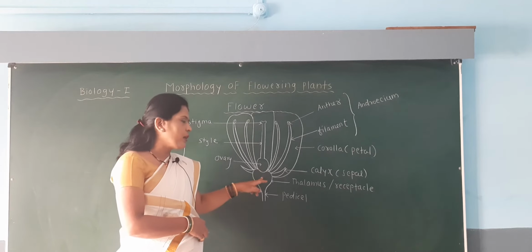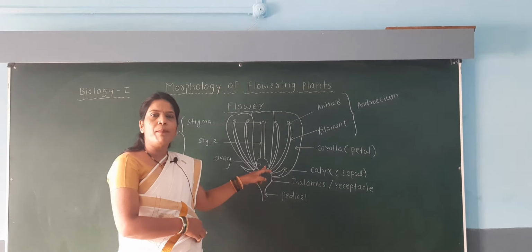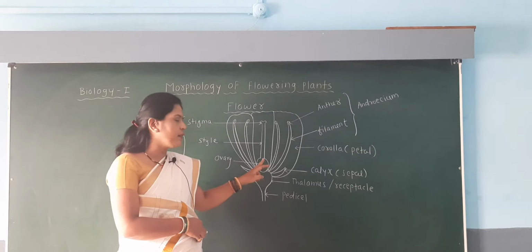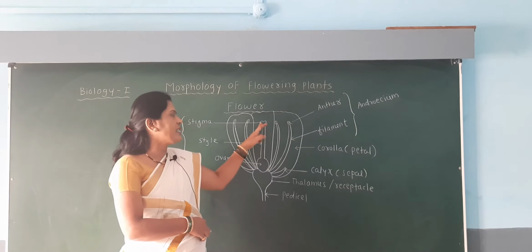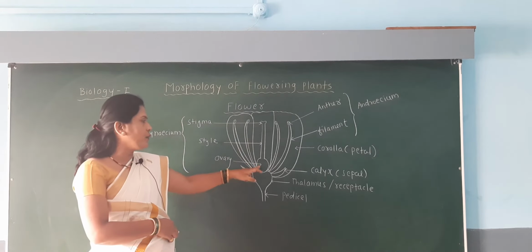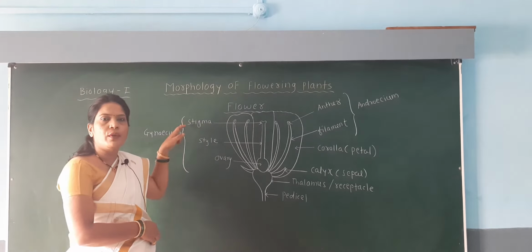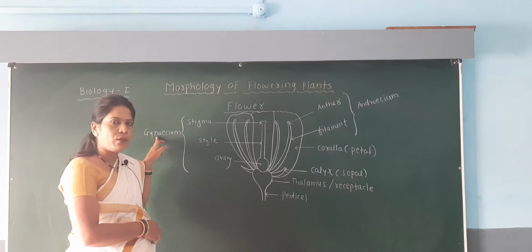Then over the thalamus the round part is present which has ovary, style and stigma. These three parts are there, ovary, style and stigma, which together are called the gynoecium.